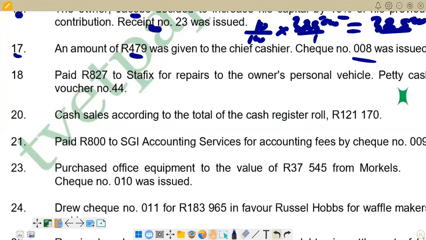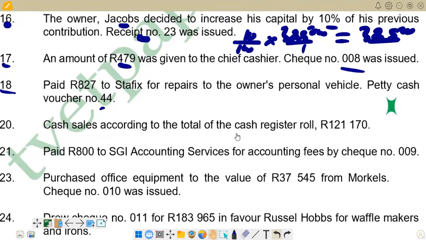So next we go to 18: paid 827 rands to staff for repairs to the owner's personal vehicle, petty cash voucher number 44. So on the amount, we have got 827 rands.